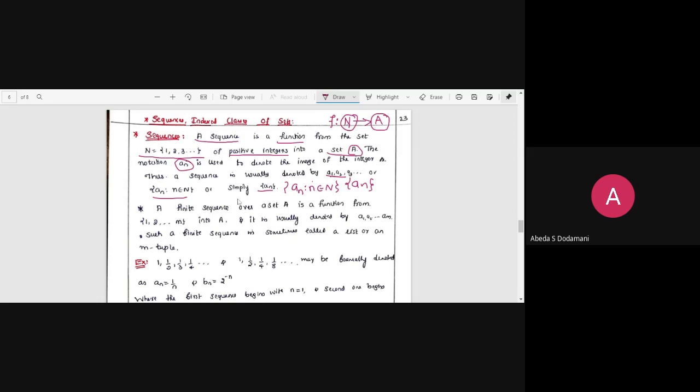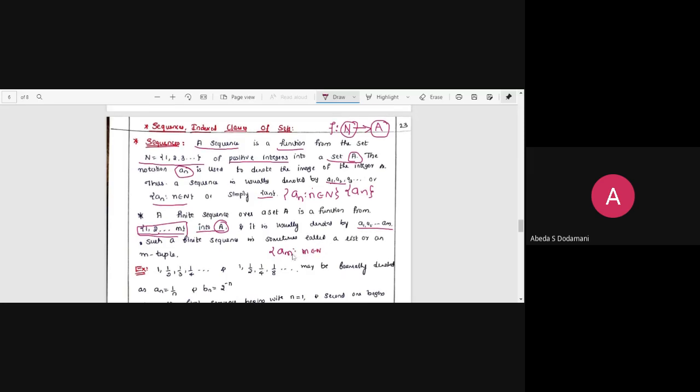A sequence or a function which has finite mappings, say 1, 2 up to m, where m is any finite number, from this set to A. Usually we denote it as a1 to am, or as a_m such that m belongs to N. Here m is a finite number, it may be 4, 5, 100, or 1000, but it is finite.